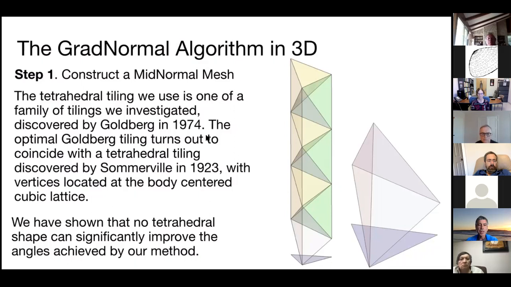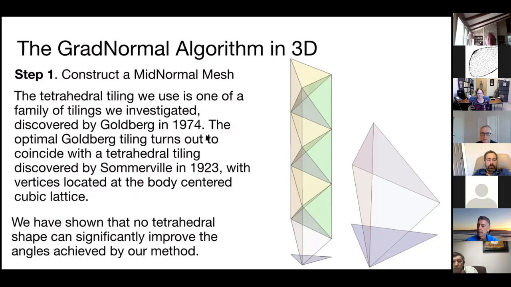There's an interesting story about tiling R3 by tetrahedra. And we found that this particular Somerville tiling is the best one to use. It gives the best angles. And we explored the whole space of possible tilings and showed that no other tiling can give an improvement for the method that I'm going to talk about.